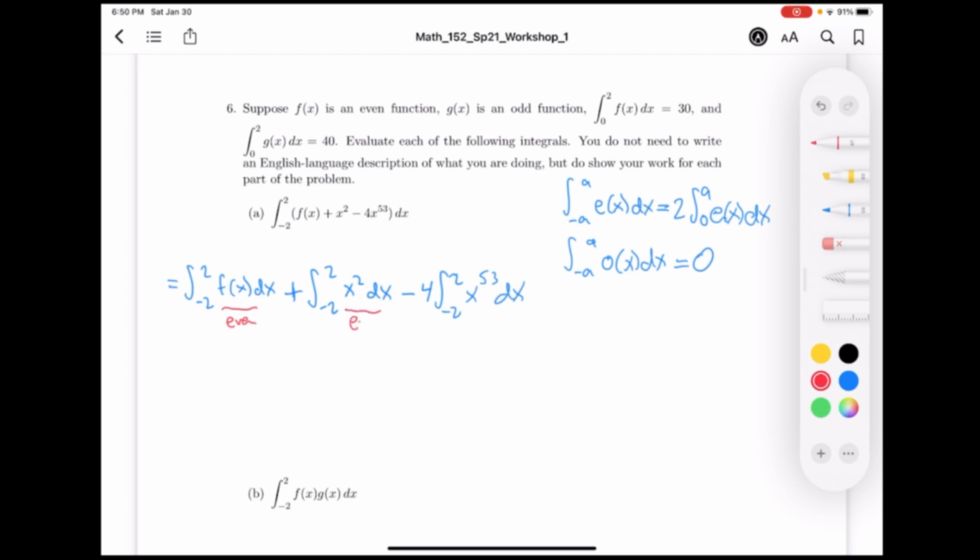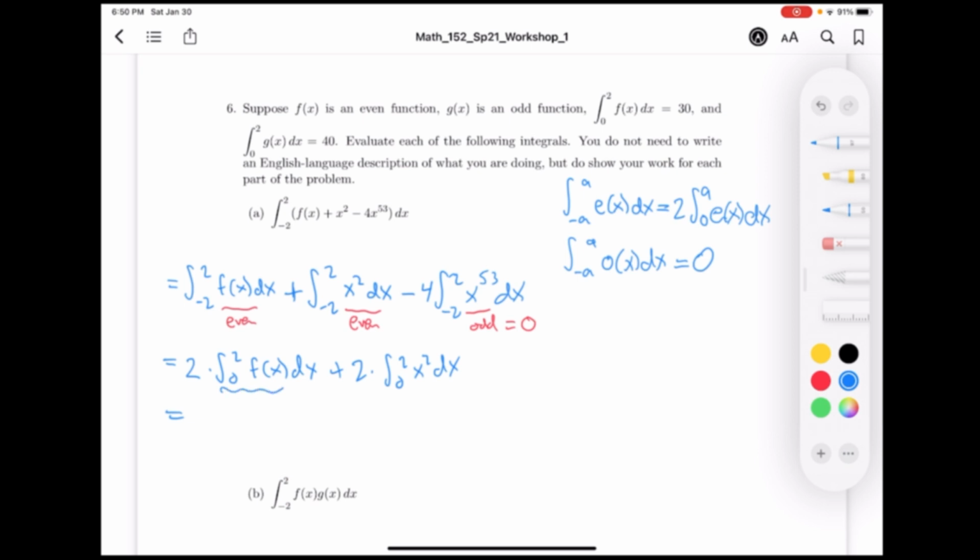We know that this is even because even powers of x are even functions, and for the same reason odd powers of x are odd functions. So that means that this integral from negative 2 to 2 of an odd function is just going to equal 0. And these other two I can replace with their slightly simpler forms. This is going to be 2 times the integral from 0 to 2 of f of x dx plus 2 times the integral from 0 to 2 of x squared dx.